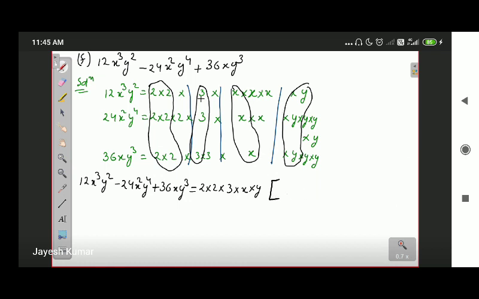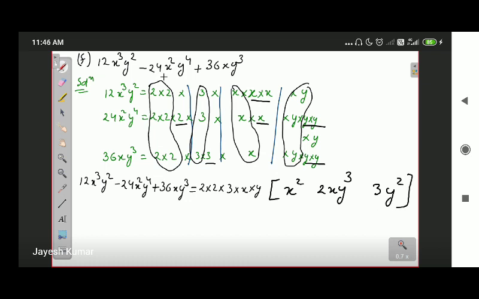Remaining is x square out of the first expansion, 2x y square out of the second expansion, this is y cube, 3y square out of third expansion.